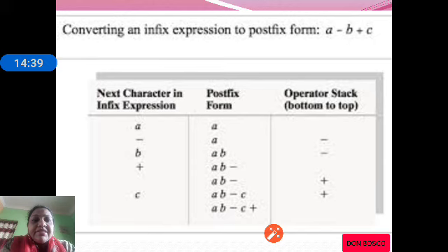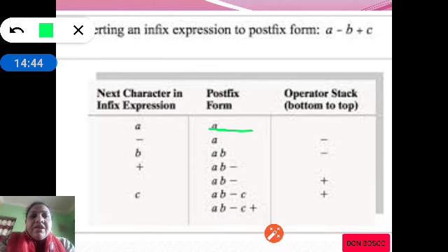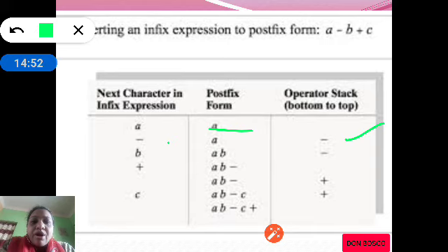So A is placed in the postfix string. If the scanned symbol is an operator, put it onto the stack.